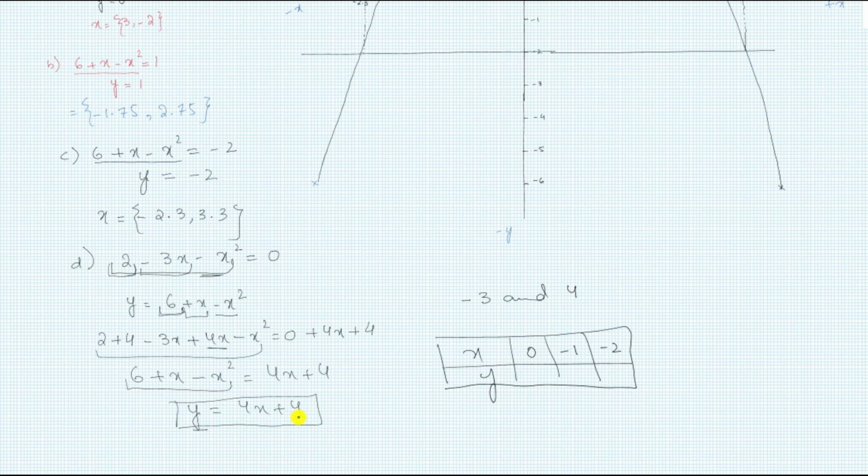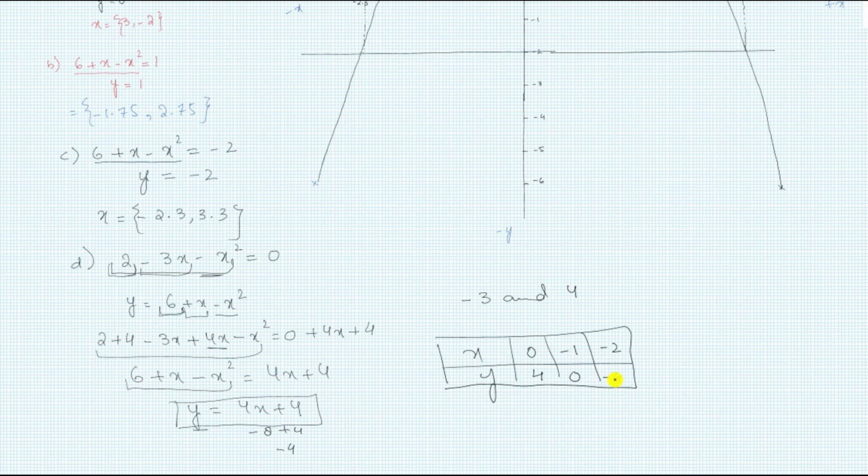So if we substitute 0 in place of x, the value of y will be 4. If we substitute minus 1 in place of x, then the value of y will be 0. With the help of these 3 points, we can draw the straight line on the graph. Or with the help of 2 points also, we can draw the straight line.